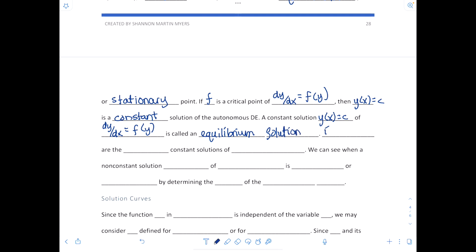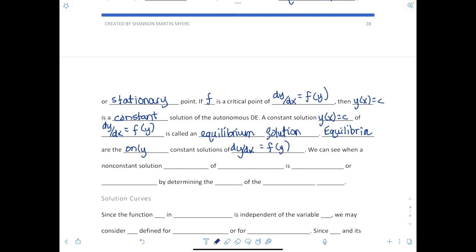So equilibria, that's the plural, are the only constant solutions of dy/dx equal to f of y.